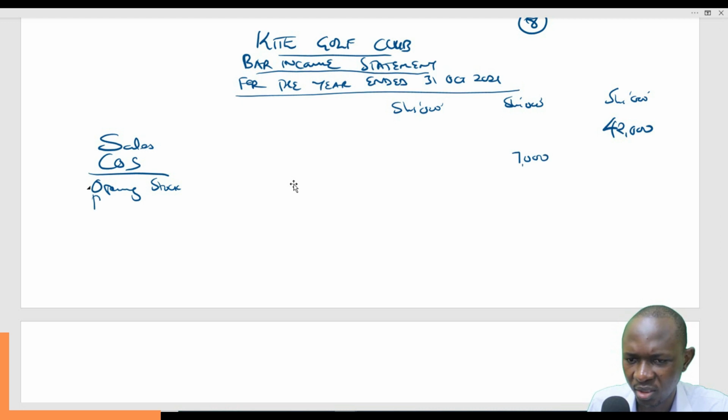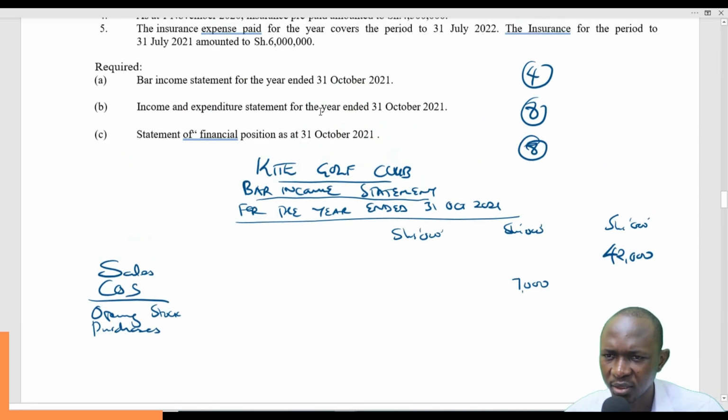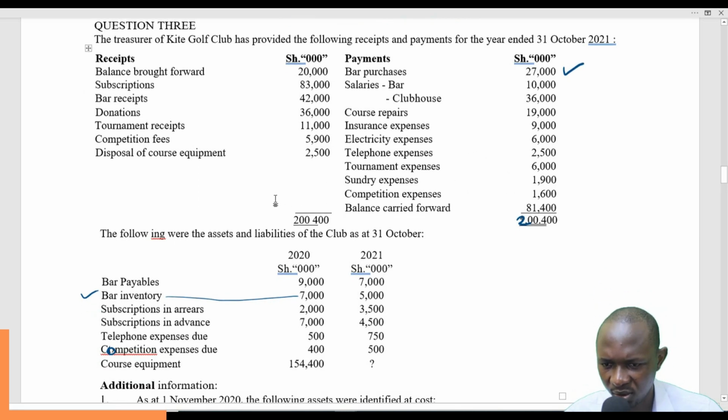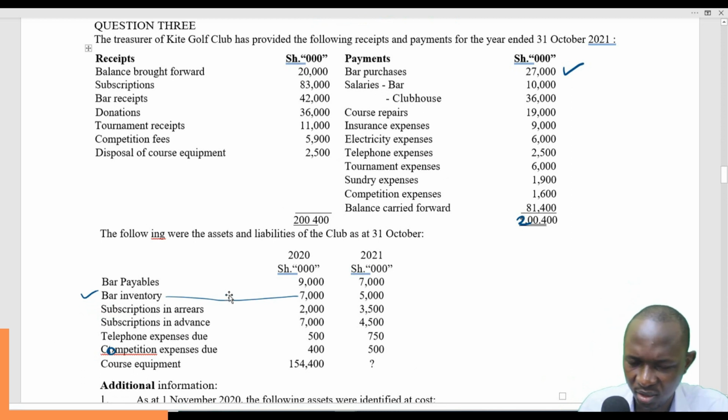Then we have purchases. Let's come back here and see purchases. So by purchases, we have 27,000. Purchases and payables will go together. These are payables, these are the suppliers.